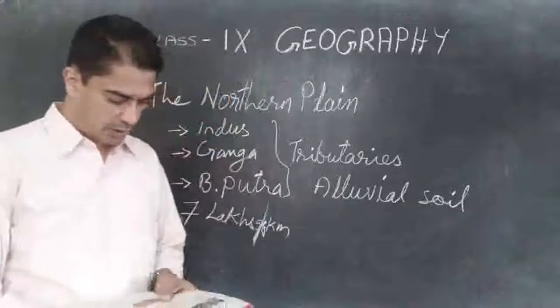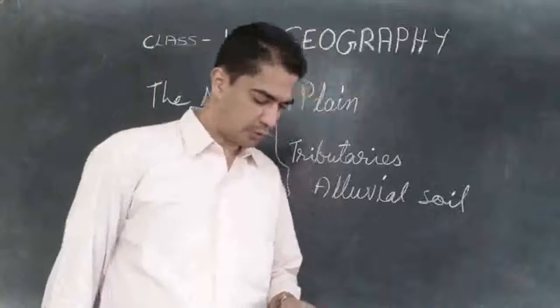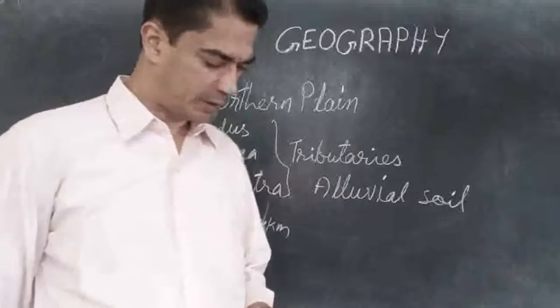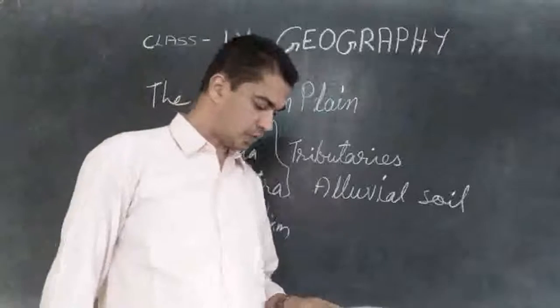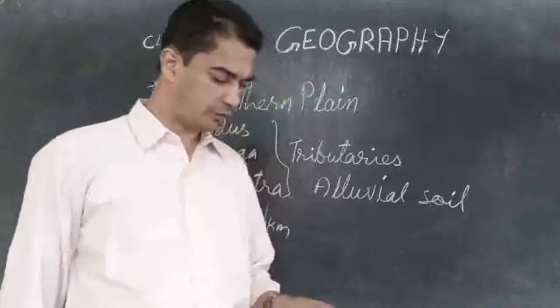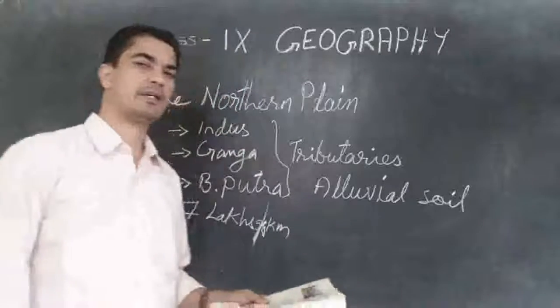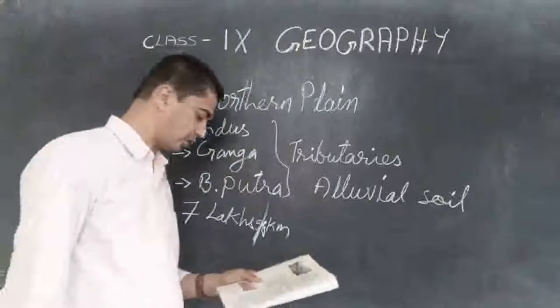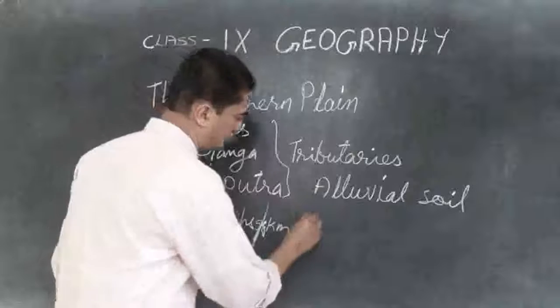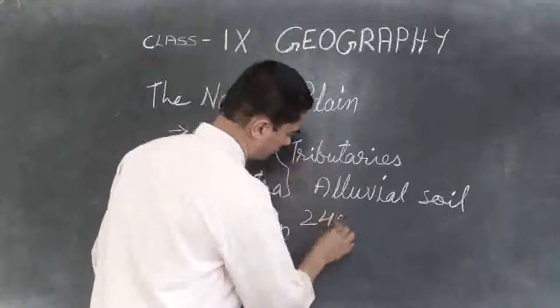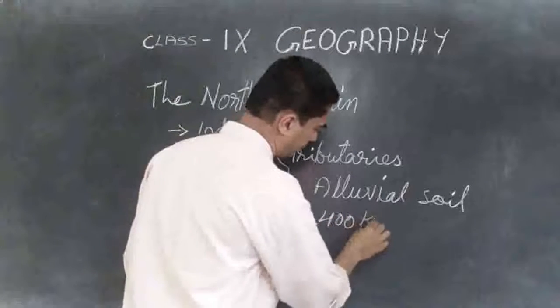Then the plain is about 2,400 kilometers long and 240 to 320 kilometers broad. What is the length of this northern plain? It is 2,400 kilometers.